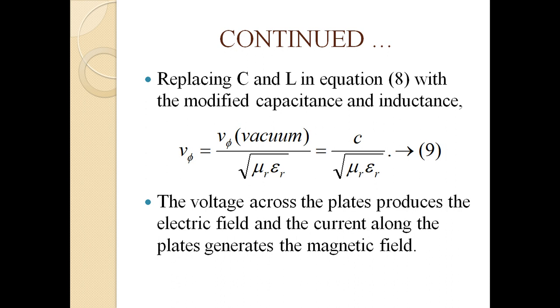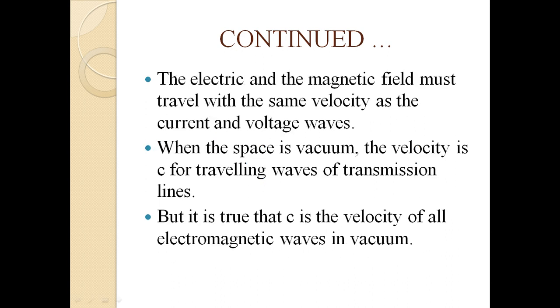The voltage across the plates produces the electric field and the current along the plates generates the magnetic field between the plates. The electric and magnetic field must travel with the same velocity as the current and the voltage waves. When the space is vacuum, the velocity is c for traveling waves of transmission lines.